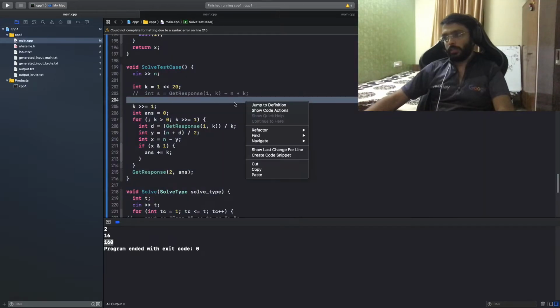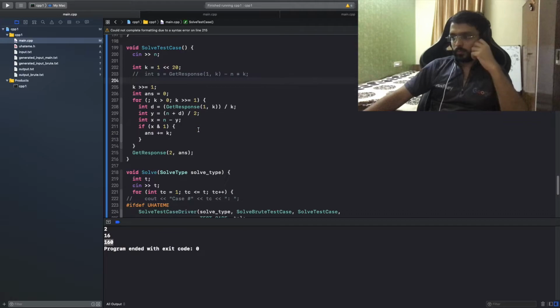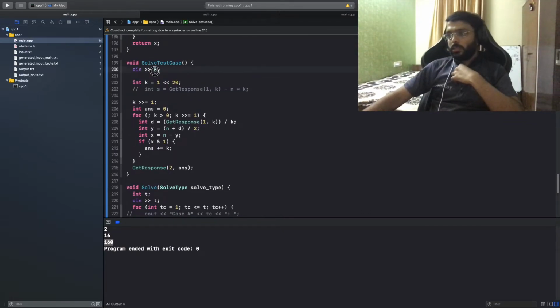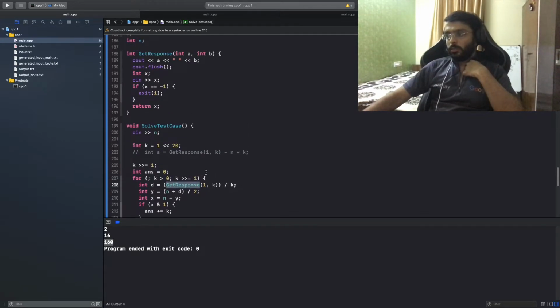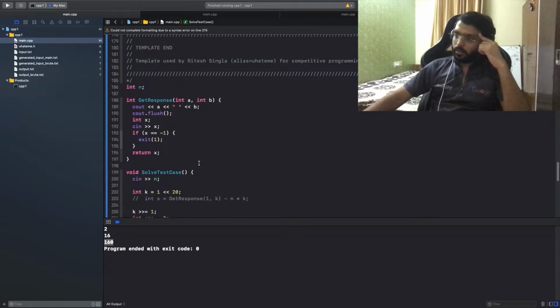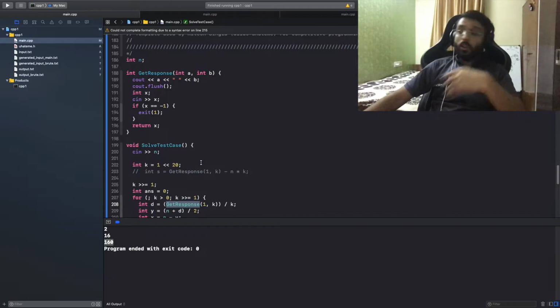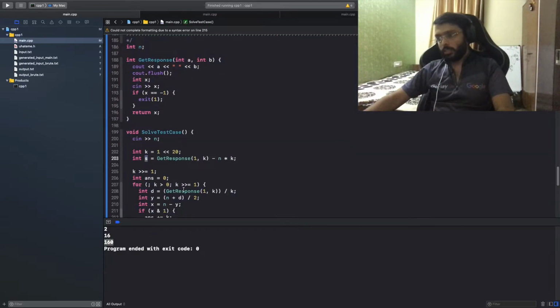Let me just skip that. So let's verify. I've got an input n. I went with the 2 raised to power 19 thing. I got a response d. So I printed. Okay, I do need s. I do need s.